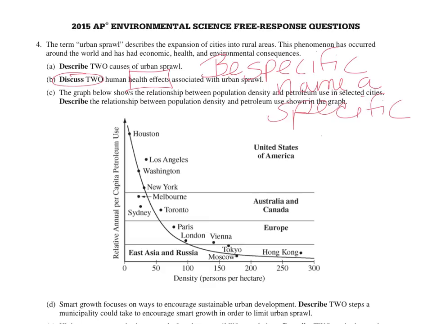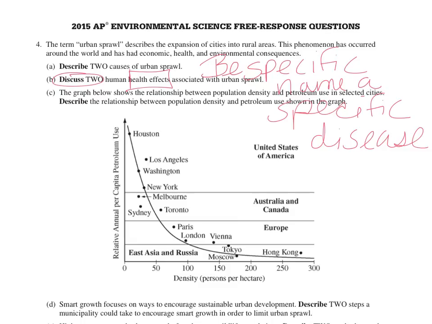So stress wasn't good enough. You would have to say heart disease, cardiovascular disease, or diabetes from stress, or something like that. With the air pollution, you would need to say air pollution such as asthma. So asthma is the actual disease.